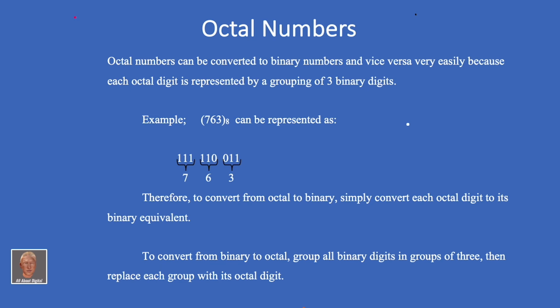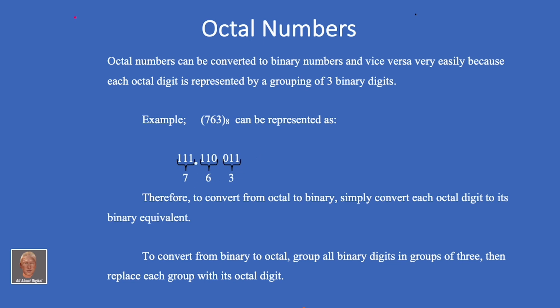Okay, how do we convert between octal and binary? The way we do it is we just group the binary digits in groups of 3 binary digits, and those 3 binary digits equal 1 octal digit. For instance, the number 763 base 8 can be represented as 111, which is a 7, 110, which is a 6, and 011, which is a 3.